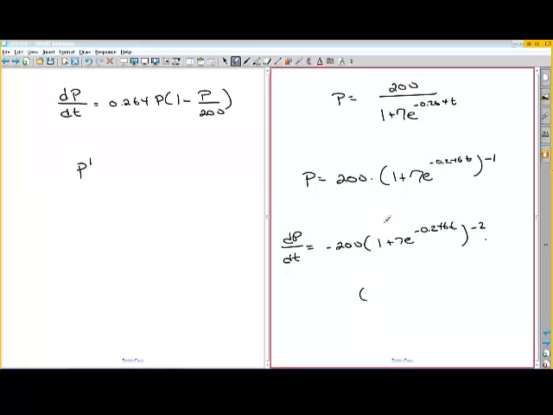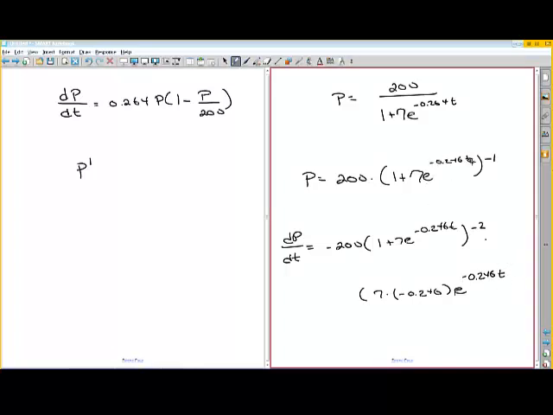and then you multiply by the derivative of what's in here. Well, the derivative of 1 is 0. And so what we get for the second term is 7 times the derivative of the exponent, which would be negative 0.246 times e to the negative 0.246 t.